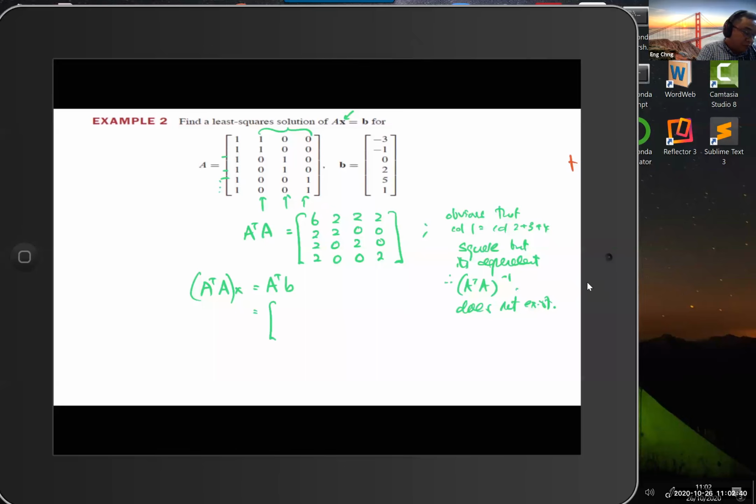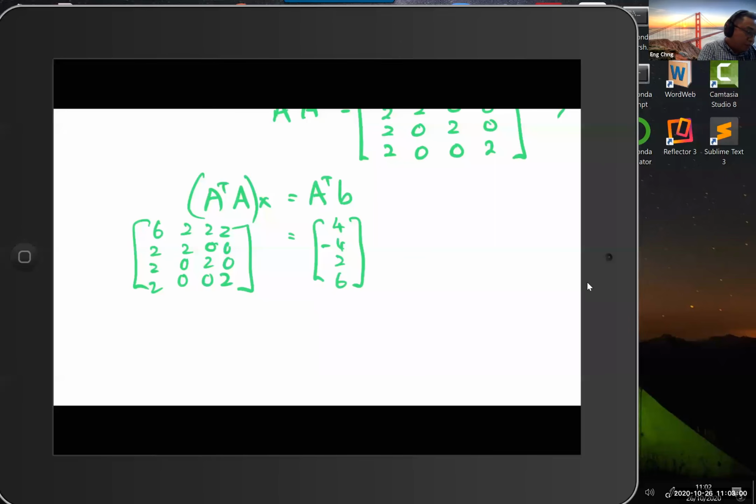We have 4, -4, 6. That's A^T b. We also have this matrix, which is A^T A. So I'm going to just write 6, 2, 2, 2, 2, 2, 2. And then you have, of course, x1, x2, and so on, 4 of them because you have 4 columns.